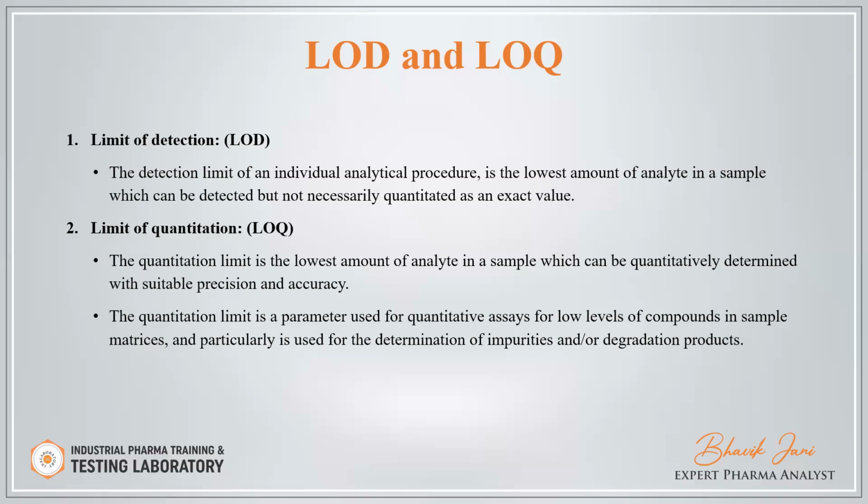The quantitation limit is a parameter used for the quantitative assay of low levels of compounds in a sample matrix, and particularly is used for the determination of impurities and degradation products. Means LOQ is required for residual solvent and related substance methods.